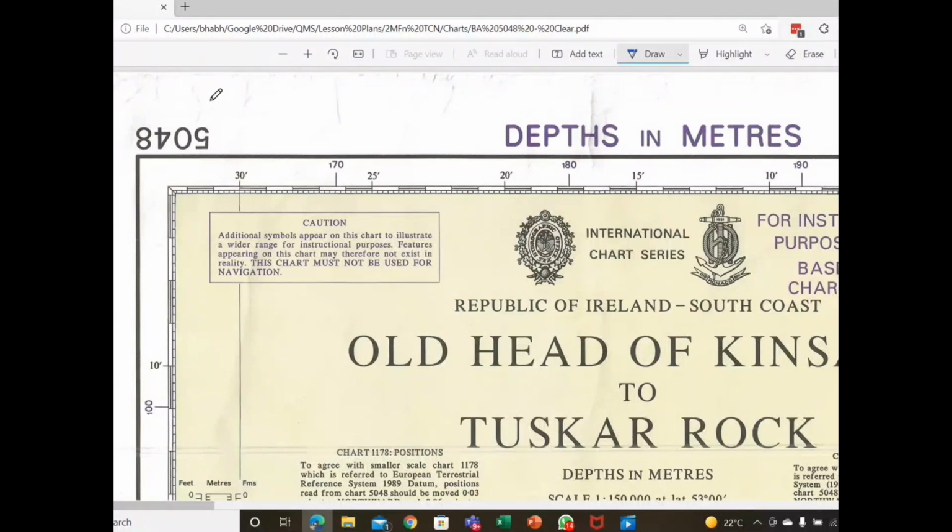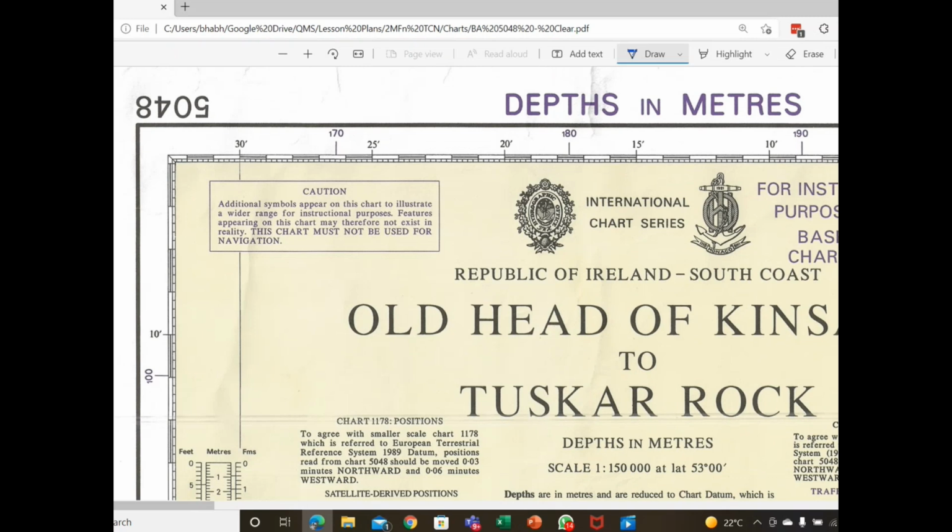Okay, I hope you can see the chart on the screen, beta. Yes, sir. This is, as you can see, chart number 5048, Old Head of Kinsale to Tusker Rock.